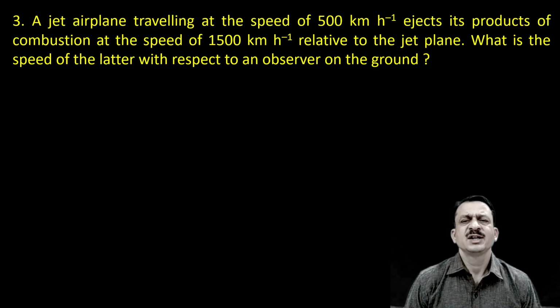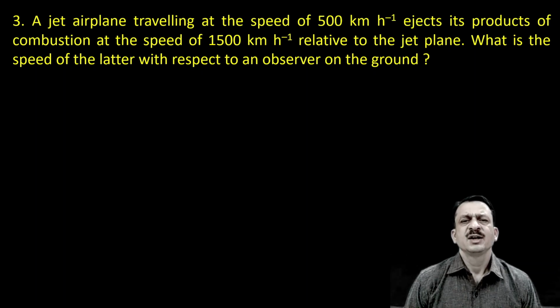Now here a jet aeroplane is moving in one direction. If we choose the direction of motion of the jet aeroplane as positive, it is emitting the exhaust gases, the products of combustion, at the speed of 1500 km per hour with respect to the aeroplane.